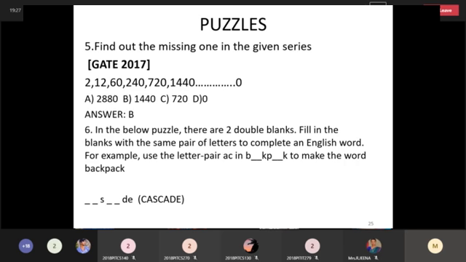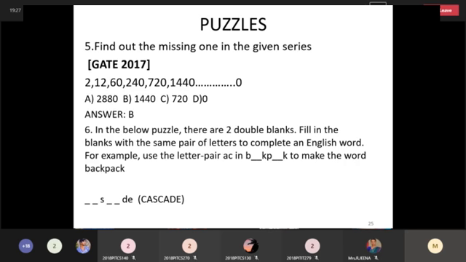For example, use the letter pair AC in B, blank, blank, K, P, to make the word. That means what could be the answer for this one? So we can see the letters B, K, P. That means the same letter pair will come as AC and then AC. That means backup, to make the word backup. So the answer will be backup.